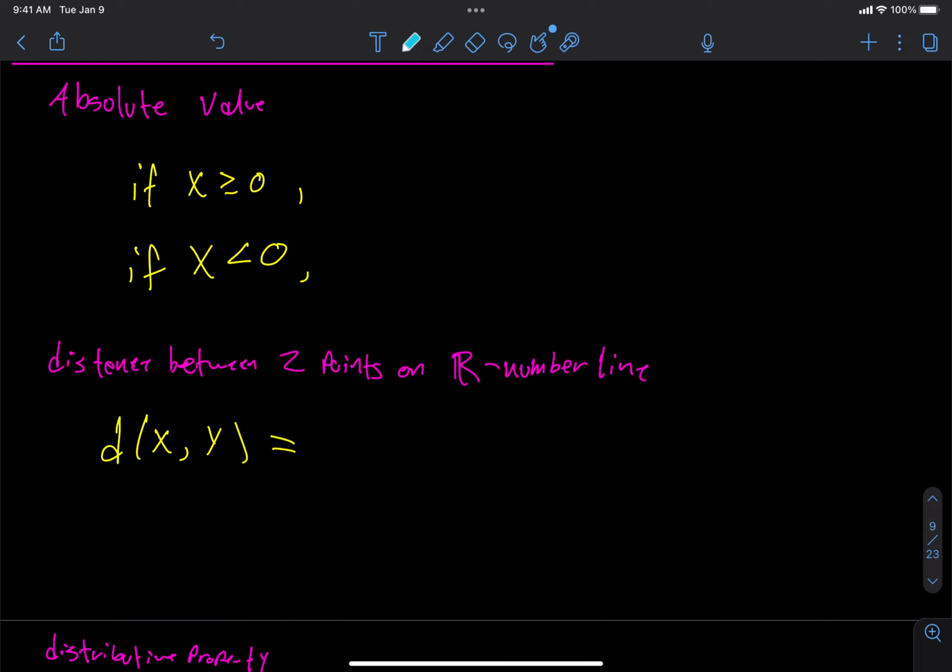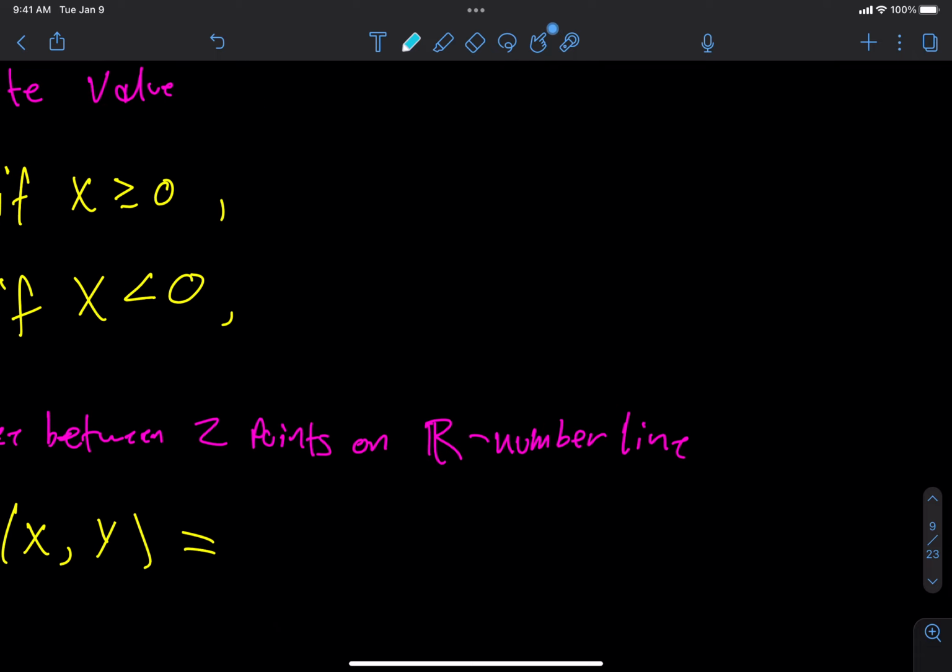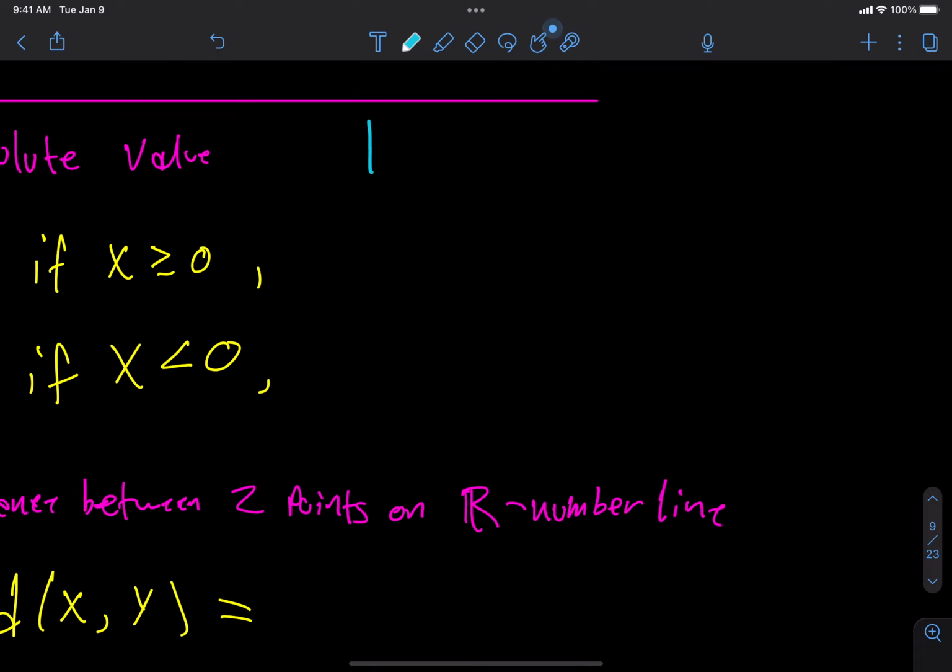So the absolute value is an operator. An operator is kind of like a function, right? So we're going to plug a number into the absolute value function, and it's going to give us something back. The notation we use is straight up and down bars on the left and right side, which denotes absolute value.